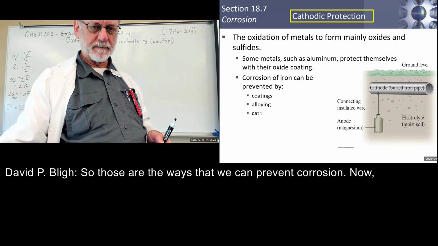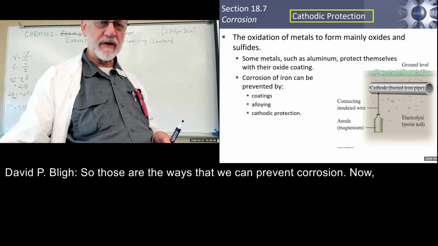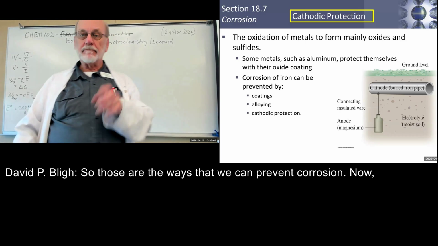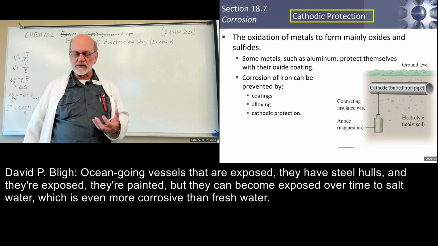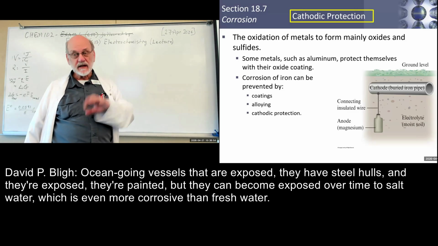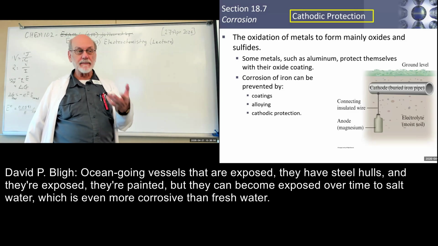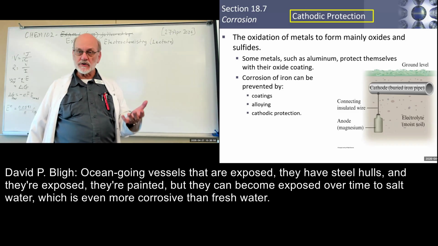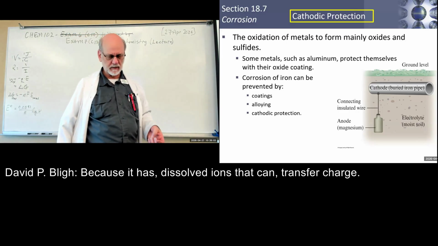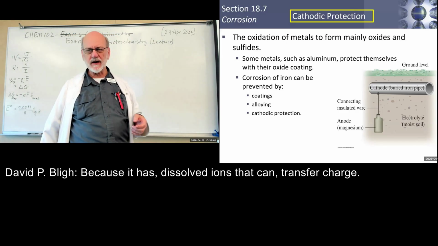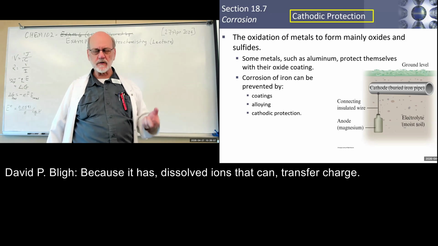Okay. So those are the ways that we can prevent corrosion. Now, ocean-going vessels that are exposed, they have steel hulls and they're painted, but they can become exposed over time to salt water, which is even more corrosive than fresh water, because it has dissolved ions that can transfer charge.